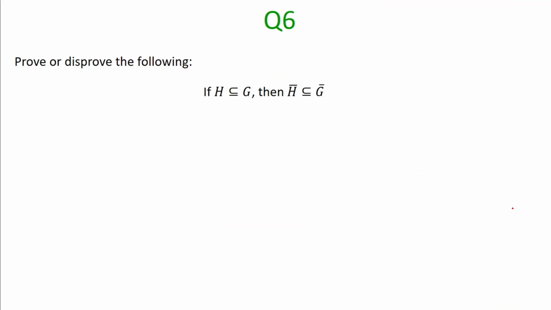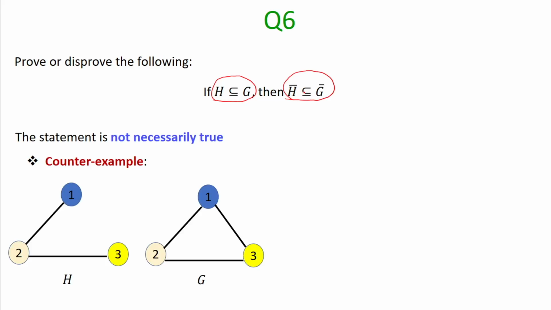In question 6, we have to either prove or disprove the following. If the graph H is a subgraph of G, then can we say that H complement is also a subgraph of G complement? Well, the statement is not necessarily true. A very simple counterexample is the following.